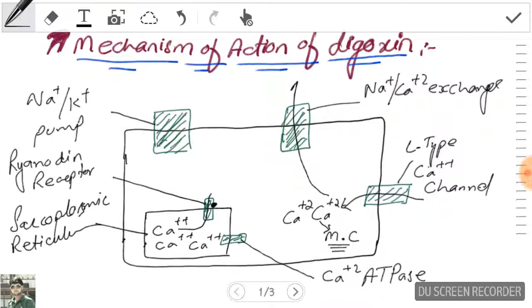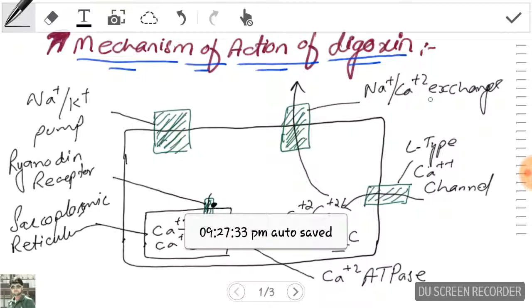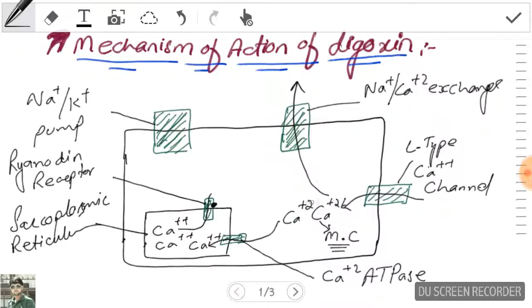Some of the calcium will again enter into the sarcoplasmic reticulum with the help of calcium ATPases. So the function of the sodium calcium exchanger is that it removes the extra amount of calcium from inside the cell to the outside.